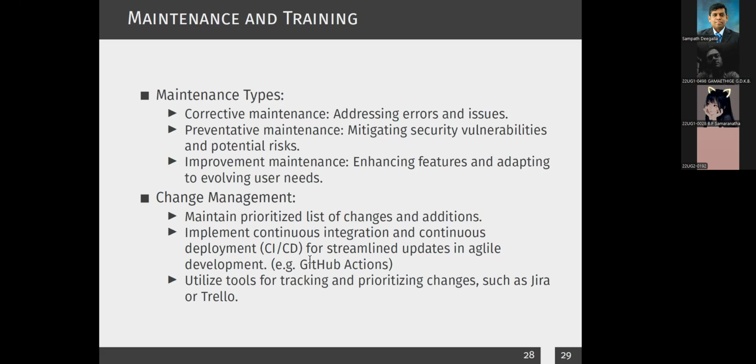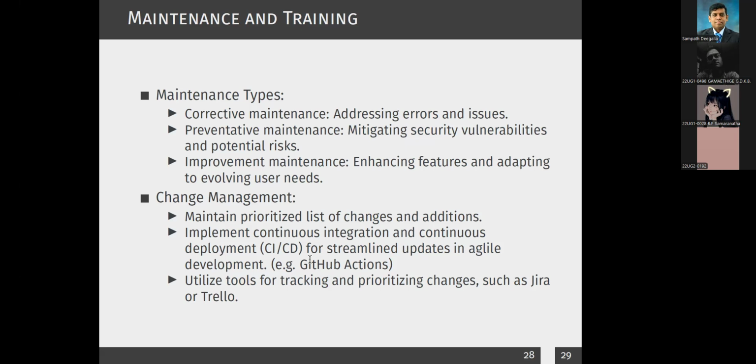Then finally, maintenance and training. If you look at the maintenance types, we have corrective maintenance, especially once you develop the software, you have to address any errors and issues. This is the common one if you have a new product. Then preventive maintenance is very, very important.